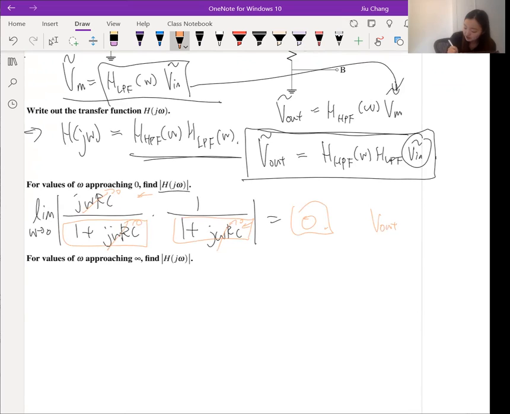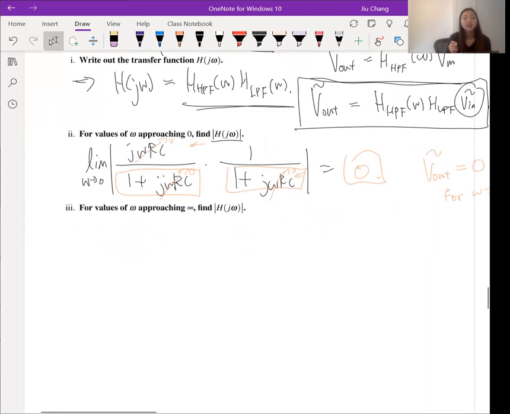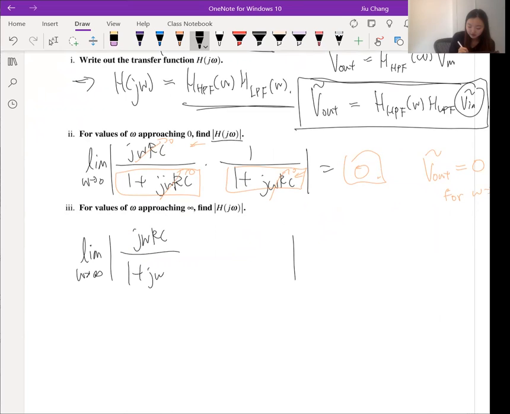So we see that the V out is equal to 0 for omega approaching 0. Next, we have our limit where omega goes to infinity. Well, let's see. Both the numerator and the denominator go to infinity.